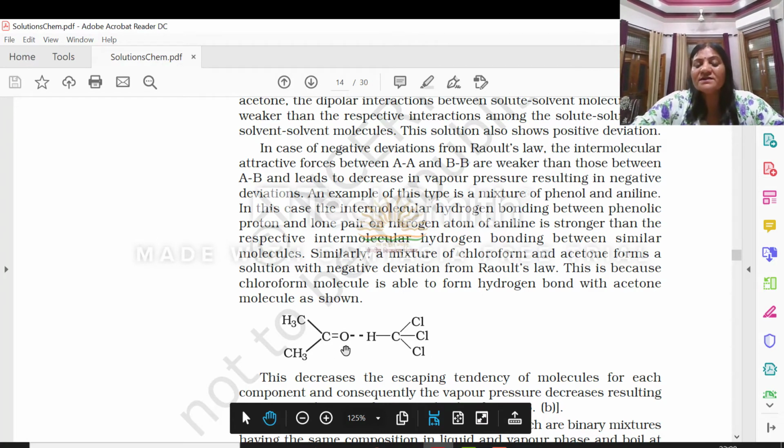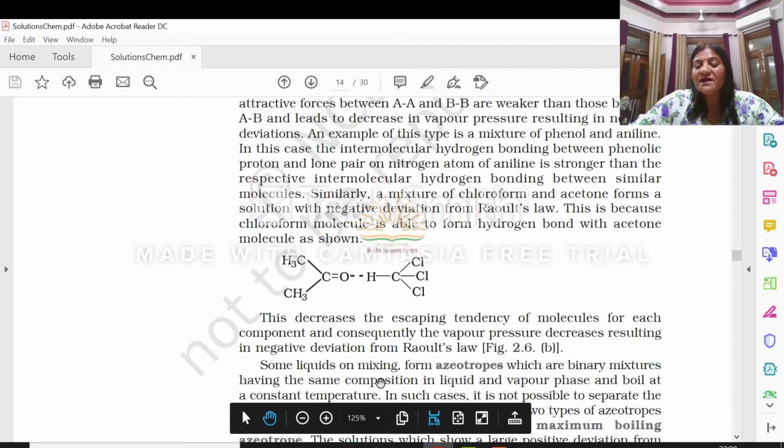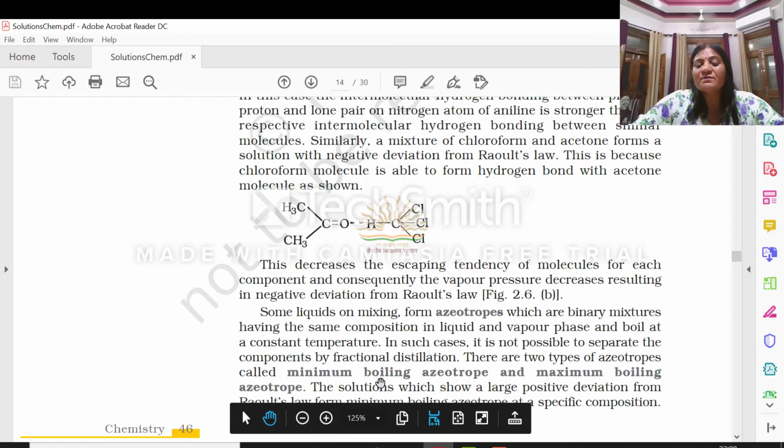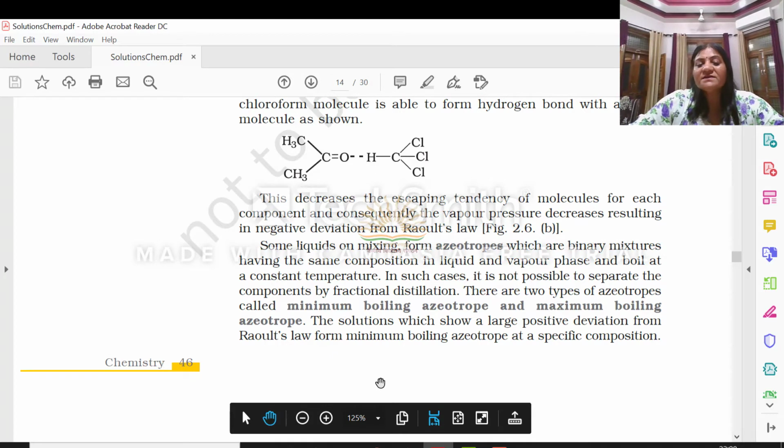So this bond is stronger than the chloroform bond and the acetone bond. So the escaping tendency of the molecules of each component decreases, and consequently the vapor pressure decreases, resulting in negative deviation from Raoult's law.